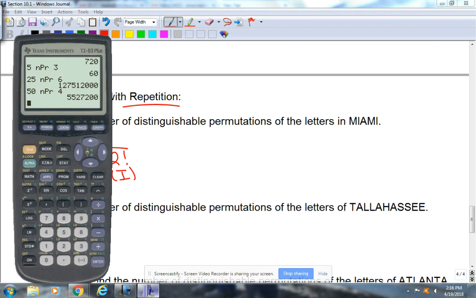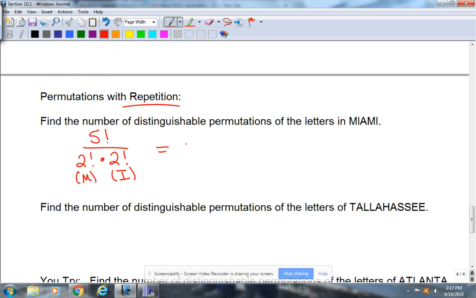So you can do 5 factorial, which is 120. And then you can do 2 factorial times 2 factorial. Well, isn't 2 factorial just 2? 2 factorial means 2 times 1, right? So 2 times 2 is what? 4.